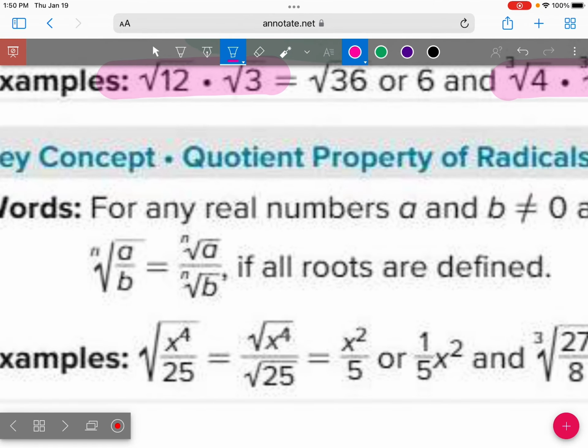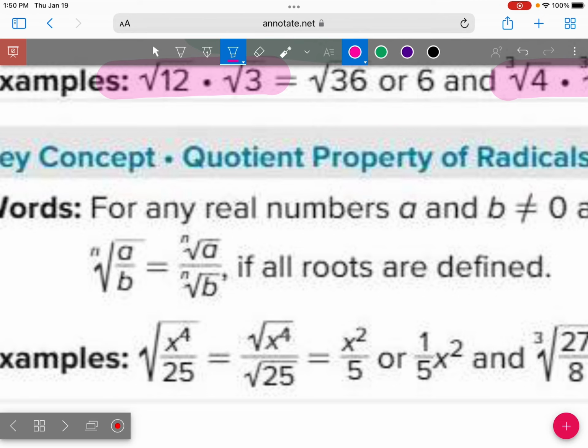Quotient property. The word quotient is related to what operation? Dividing, right? So product most of the time deals with multiplication, and quotient deals with dividing.